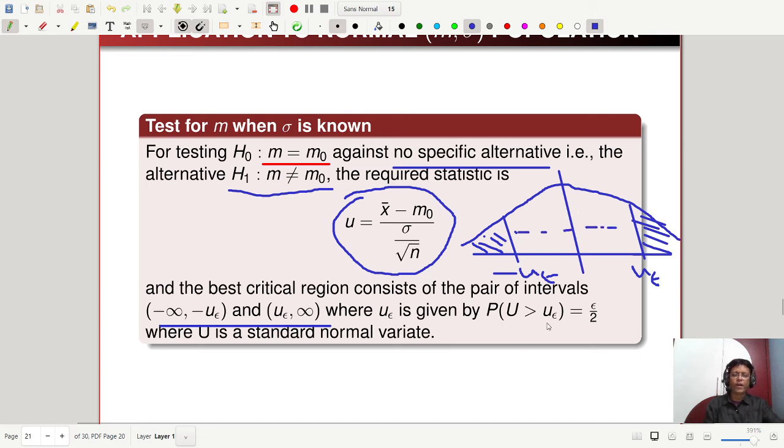So probability of u greater than u epsilon is epsilon by 2, where u is a standard normal variate. So you have both side pair of critical regions. So I gave you the concept of right tail test, left tail test, and if there is no specific alternative, you have to go for both tail test. So you have a pair of intervals as a critical region.